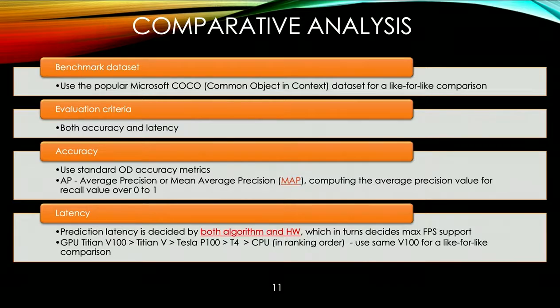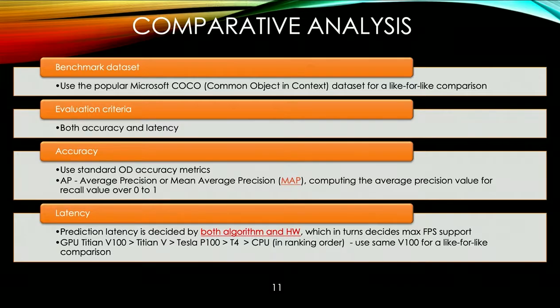The faster the detection speed, the higher the FPS a model can support. For example, if an algorithm takes about 100 milliseconds to detect one image frame, it can support 10 frames per second. However, if it only takes 10 milliseconds to detect, it can support 100 FPS.